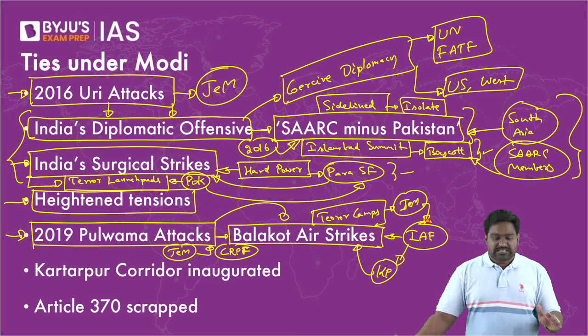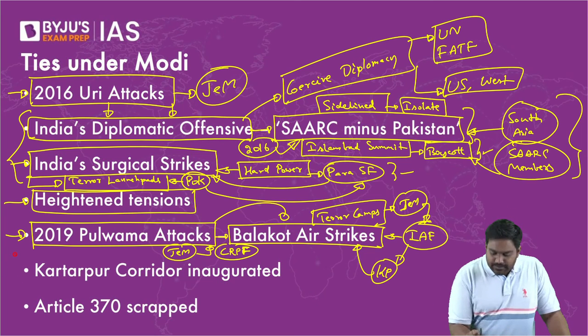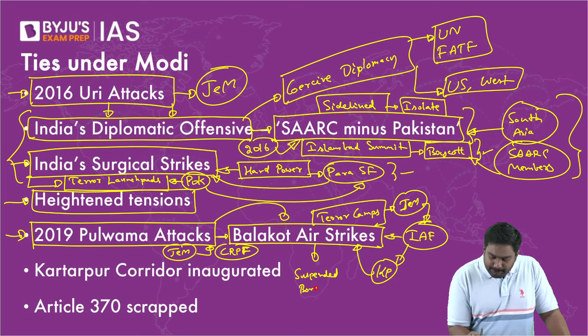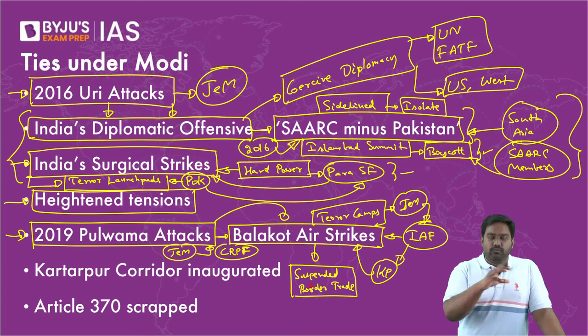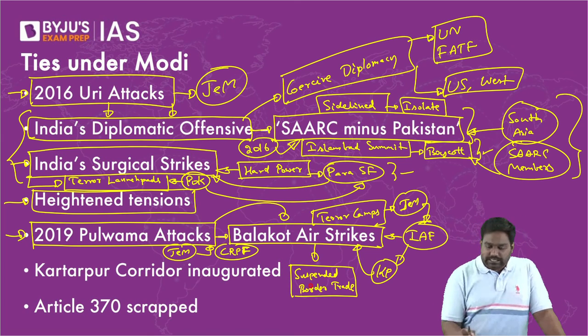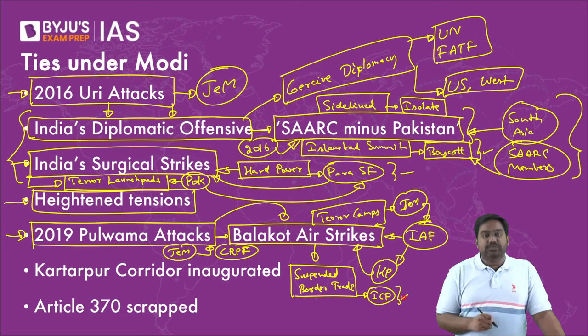But the crisis escalated and the tensions increased, and India suspended border trade. See, first of all, trade between India and Pakistan has been minimal. We have one border checkpost, the Wagah Attari integrated checkpost, where some trade was happening.